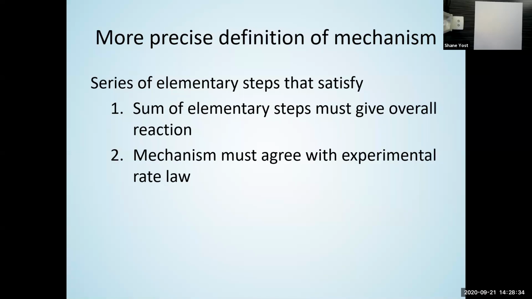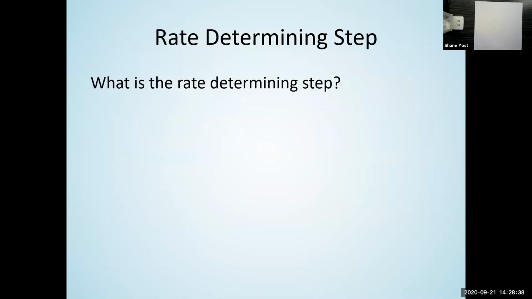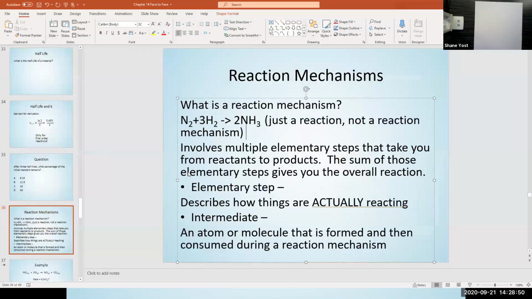mechanism. So to get the rate law from the mechanism, one thing that we typically do is use the rate determining step approximation. What do you think the rate determining step approximation is about?